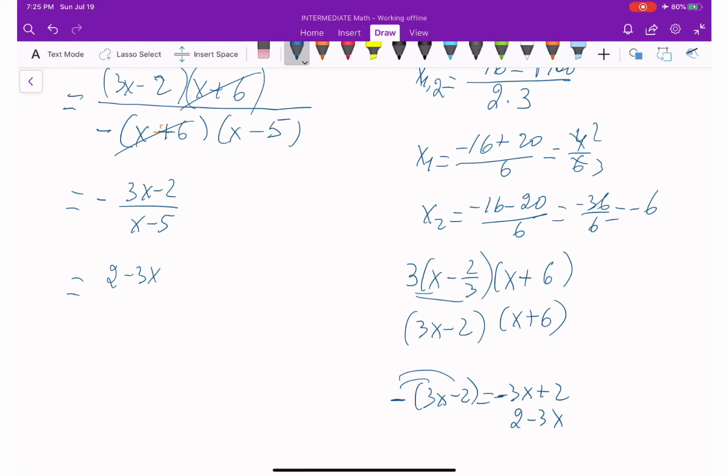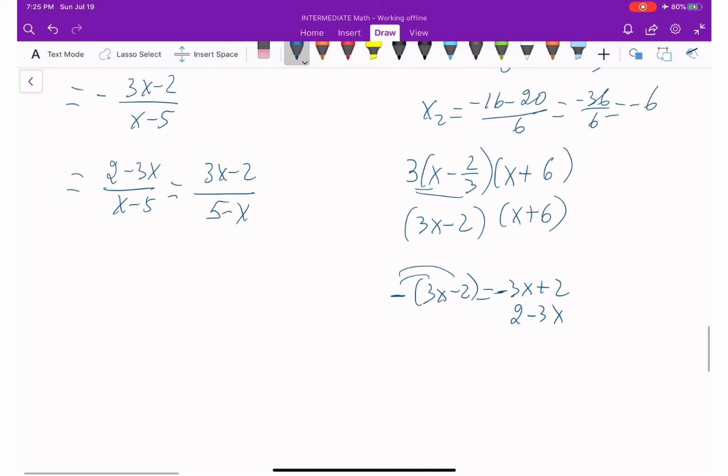Instead of 3x minus 2, you end up with 2 minus 3x over x minus 5. Or I can apply this negative to the denominator, which will be 3x minus 2 over, instead of x minus 5, I can write 5 minus x. Same thing. And that's it. We solved.